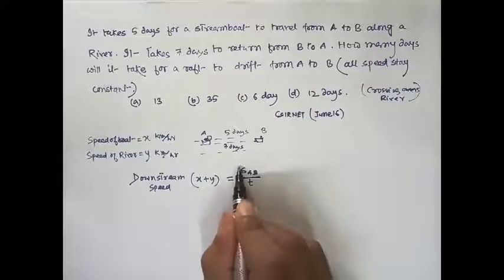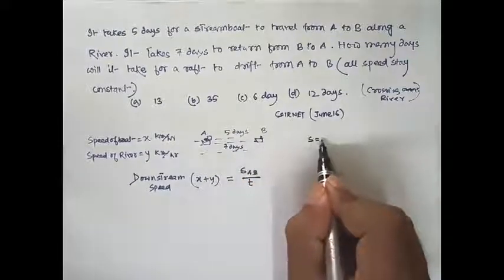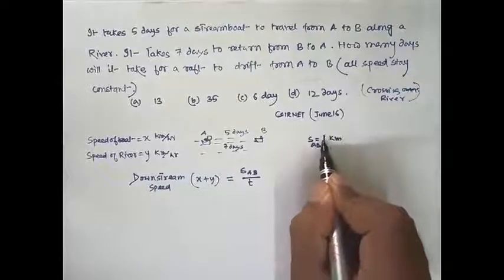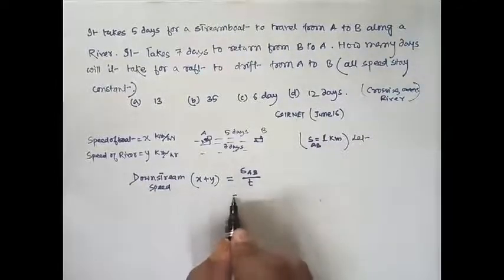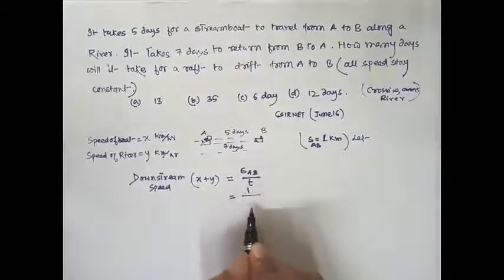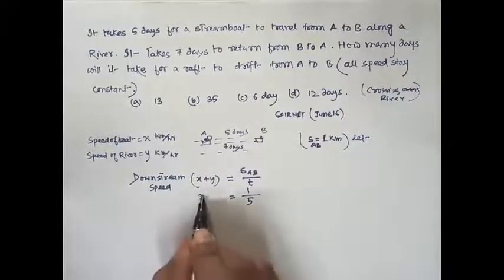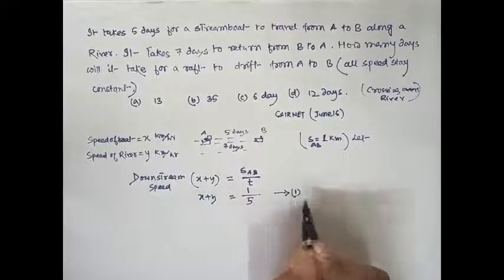Suppose the distance S is 1 kilometer, for simplicity. So it will be equal to 1 by t, in this case 5 days. So x plus y is equal to 1 by 5.